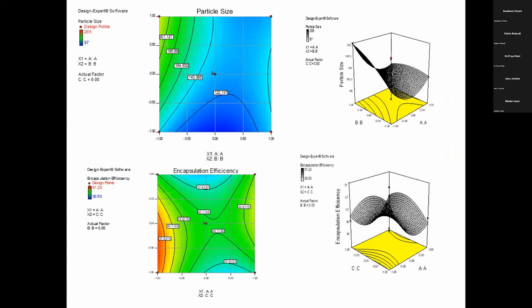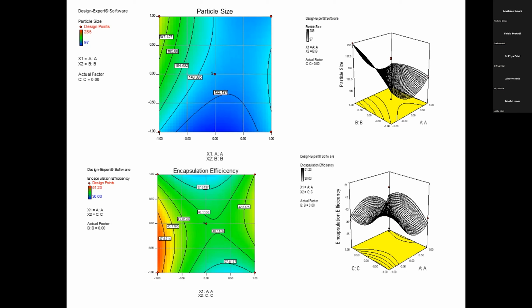Later on, for further study, we can check the relationship of all the components against our formulations. For example, for the particle size, cholesterol concentration as well as lipid concentration show a positive effect.